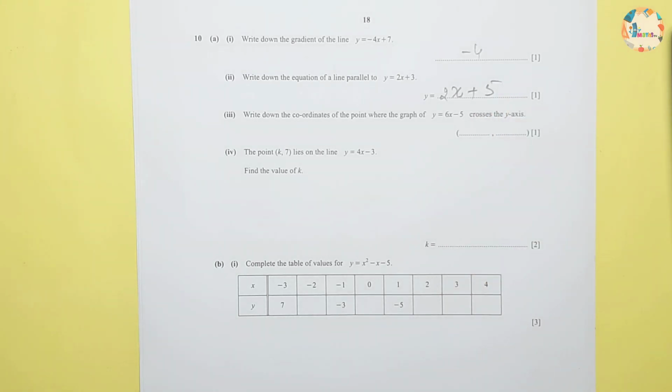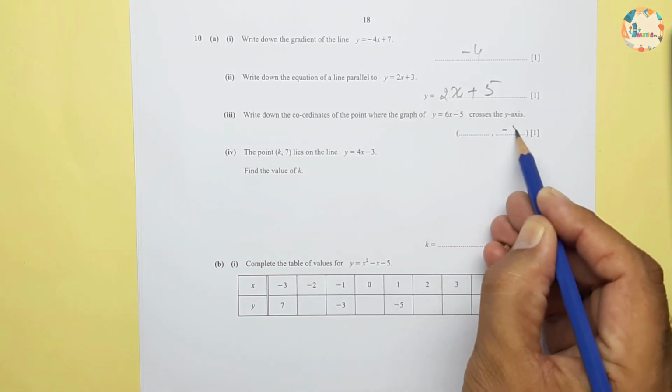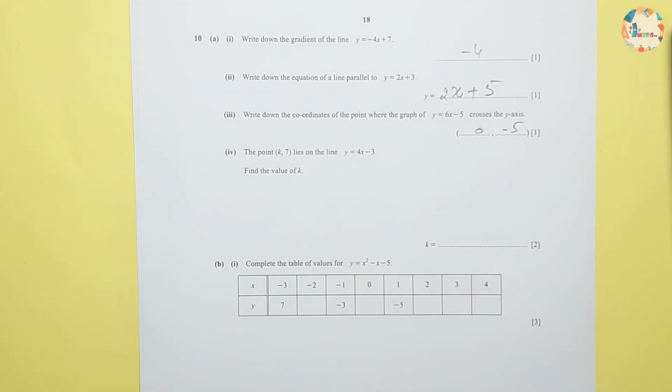Then write down the coordinates of the point where the graph of y is equal to 6x minus 5 passes through the y-axis. So this will be minus 5, the intercept, so this will be the y value, and the x value will be 0. And then the point K and 7 lies on the line y is equal to 4x minus 3.